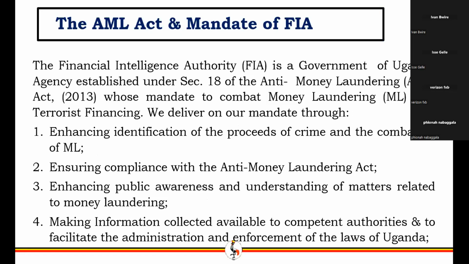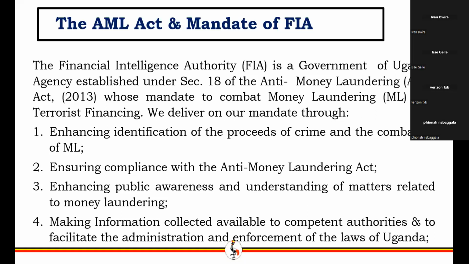So as you're aware, some of you, the FIA was established under Section 18 of the Anti-Money Laundering Act to combat money laundering and terrorism financing. So mainly our mandate is to prevent money laundering and combat terrorism financing. That's our mandate as FIA. So to achieve this, there are certain functions that we perform to help us achieve our mandate.